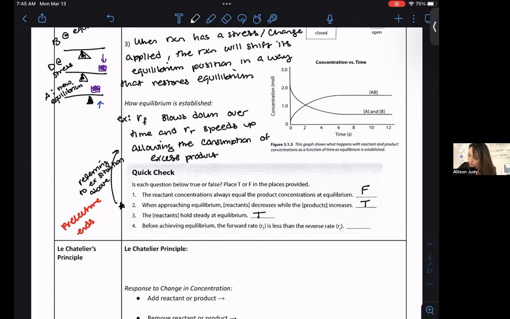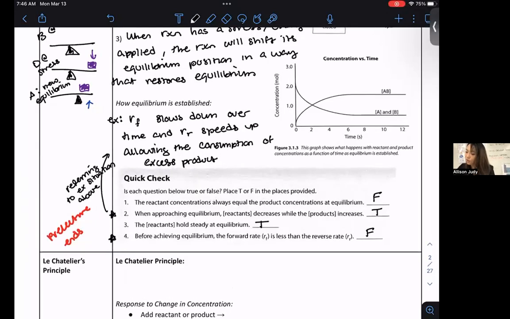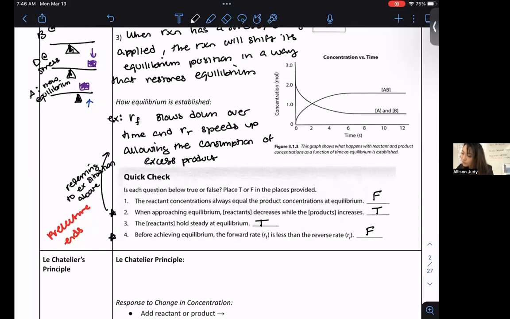That is also true. It's one of the best ways we can identify whether equilibrium has been reached for a reversible reaction. And before achieving equilibrium, the rate of the forward is less than the rate of the reverse, again referring to the example above, and that is false. You can see that in the graphic here, the rate of the forward is in an upward trajectory at the beginning.